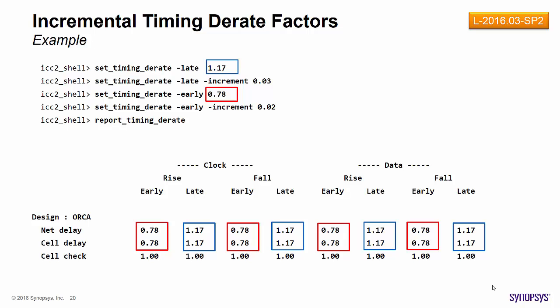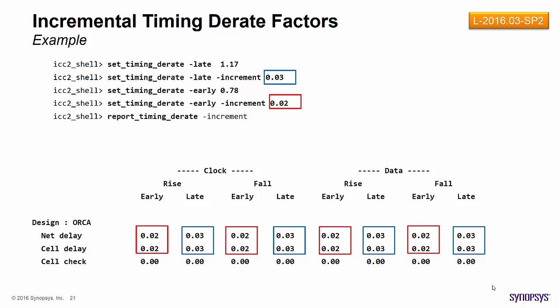When you run report_timing_derate without the -increment option, you will see 0.78 derate for early and 1.17 derate for late. With the same constraints, this time we applied report_timing_derate with the -increment option. Now you can see the incremental rate for early and late.